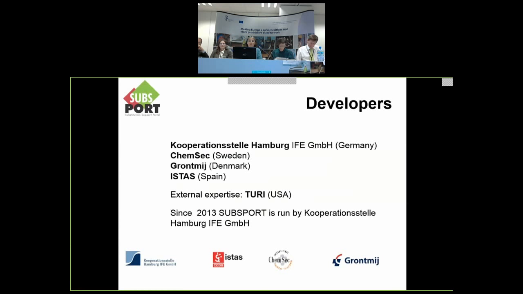These were the developers: Cooperationsstelle Hamburg, who was the coordinator of the project. Actually, Lothar was the coordinator. Then we had Chemsec, an environmental NGO from Sweden, Grundmich, a consultancy in Denmark, and ISTAS, a trade union health and safety institute in Spain.